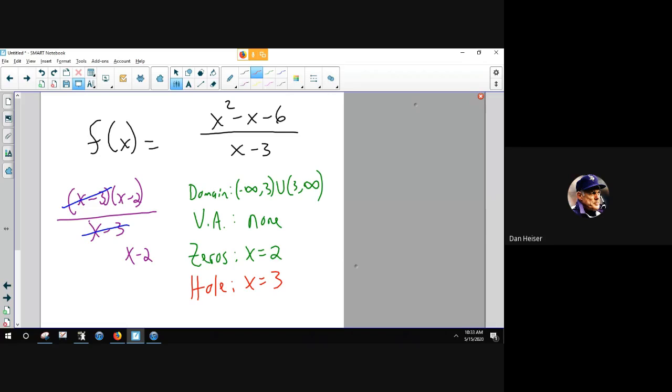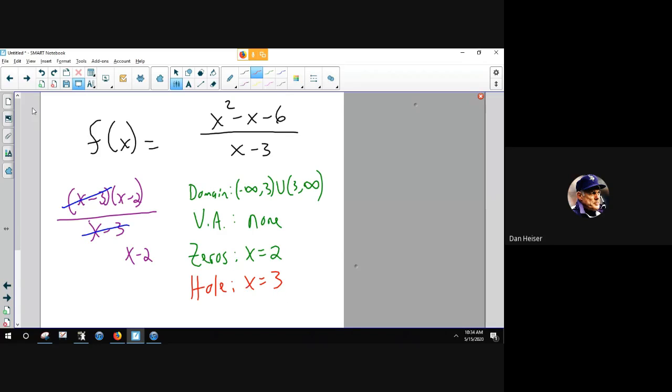It's x equals 3. Now, some of you are probably pulling your hair out, or you might be punching your screen in utter confusion and frustration. But let me alleviate some of that.